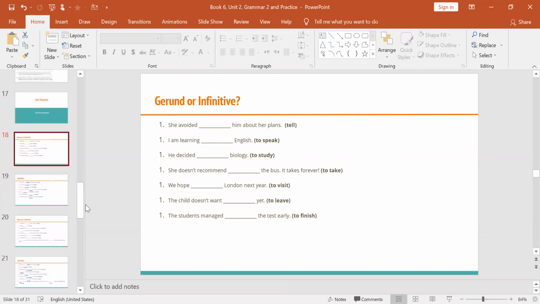Okay, so rapid fire. So gerund or infinitive? Read these sentences and then either conjugate it in the gerund or the infinitive, and then I will show you the answer shortly.